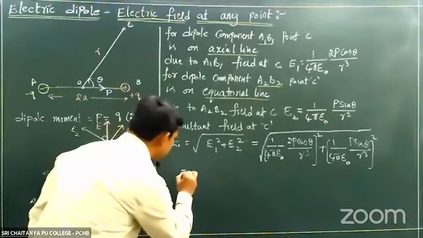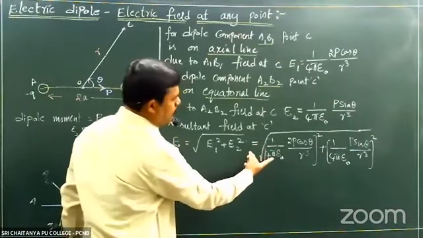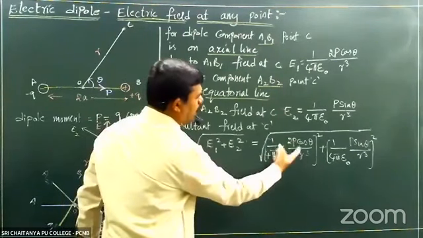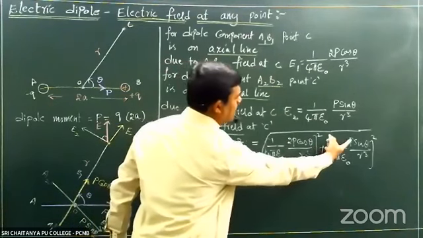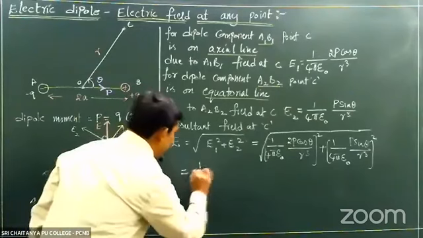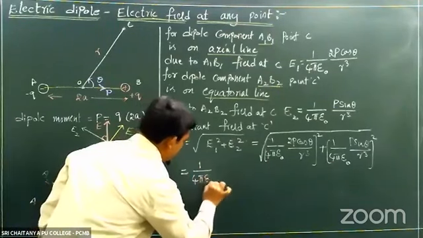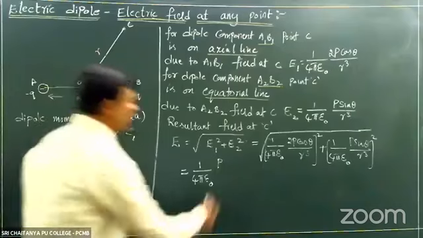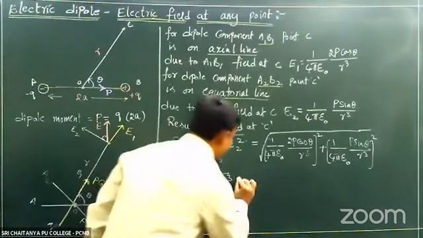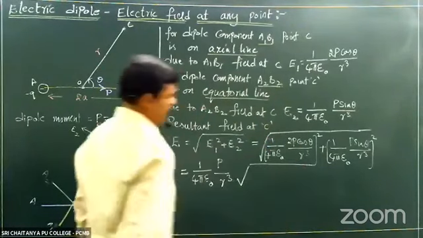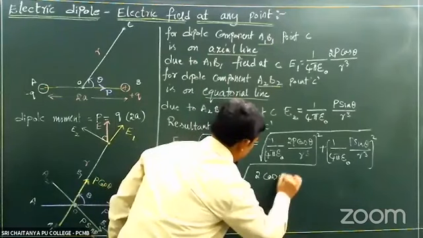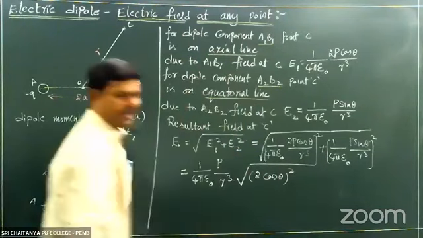Anything common in that? See here, 1 by 4 pi epsilon naught P by R cube common in those. Take them out. 1 by 4 pi epsilon naught P by R cube. Then what remains? In this, 2 cos theta whole square.